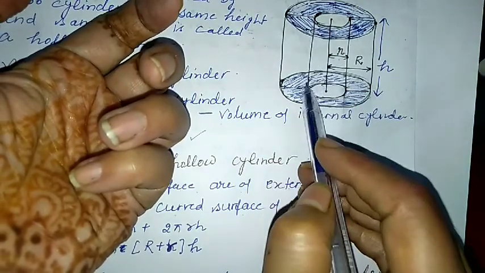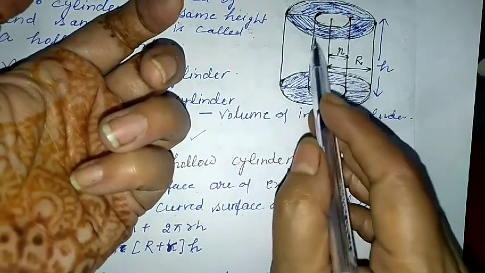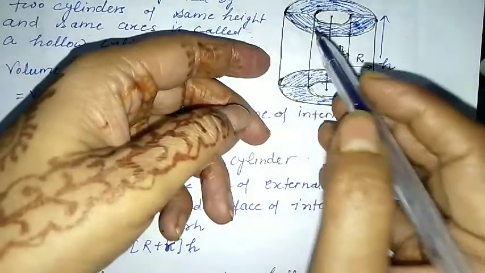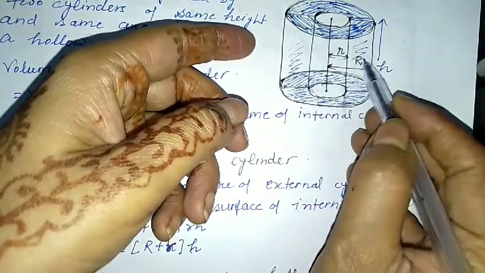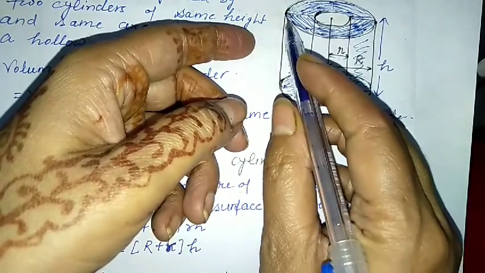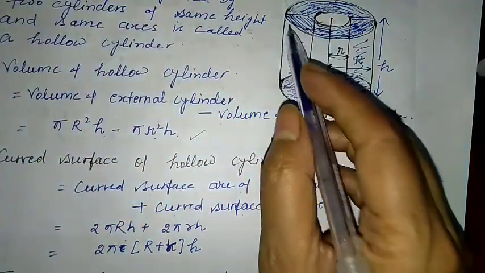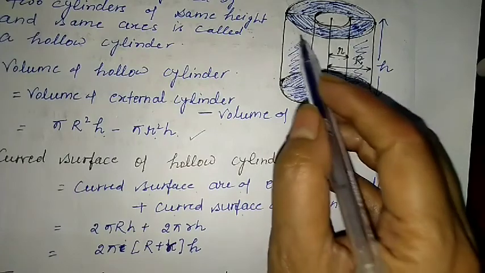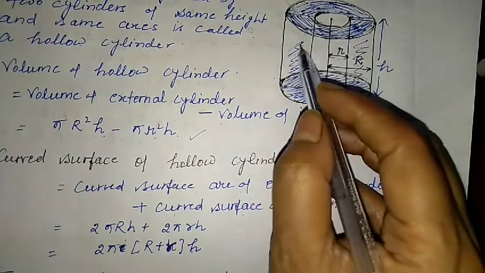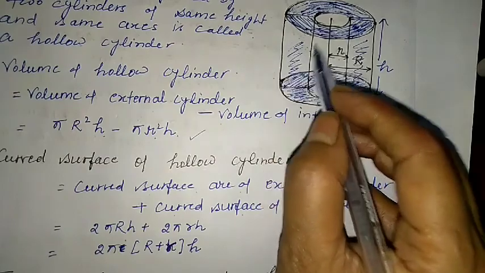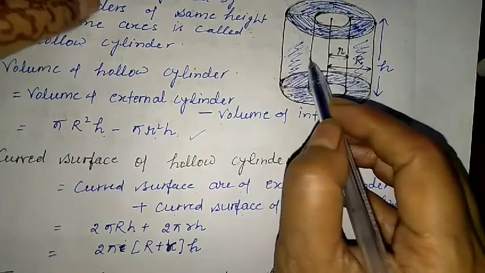It means ये वॉल भी है और ये वॉल भी है, तो impression तो रहेगा. अगर हम ये देखेंगे तो ये पूरा सिलेंडर हमारे पास है, this one and this one complete. तो it means curved surface area of this external part plus curved surface area of this internal part. तो ये दोनों वॉल हमारे पास रहेंगी, इसलिए हम दोनों को ऐड करेंगे.